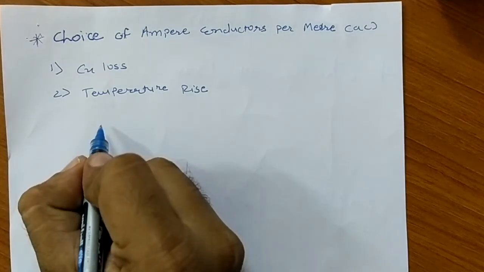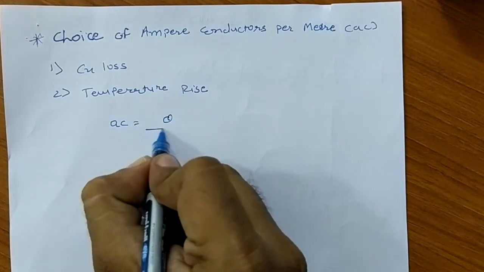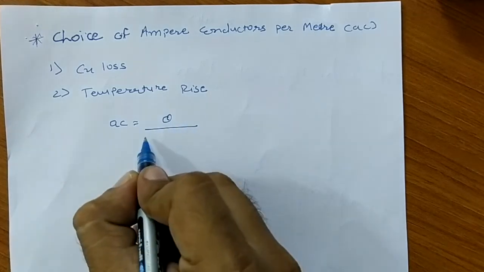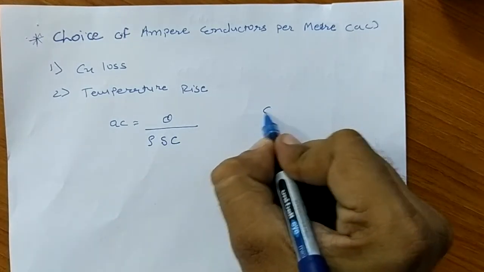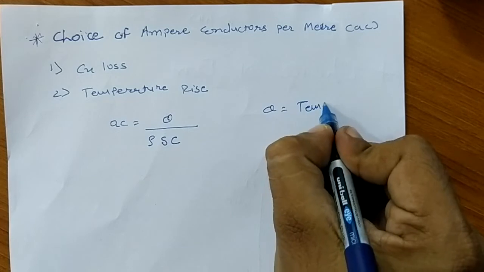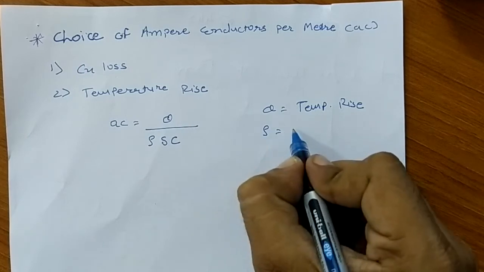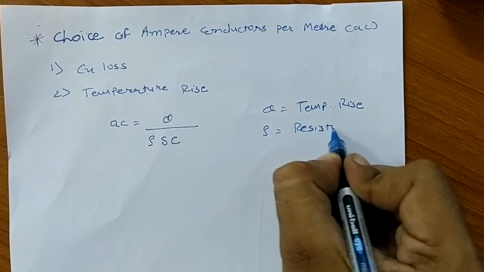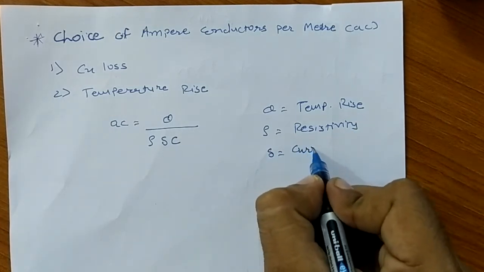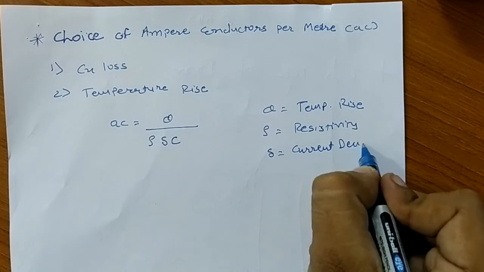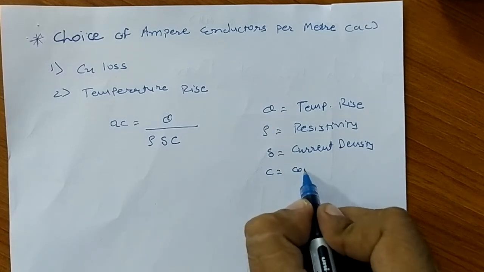That equation is ampere conductor is equal to theta divided by rho into delta into C, where theta is called the temperature rise, rho is the resistivity, delta is the current density, and C is the cooling coefficient.